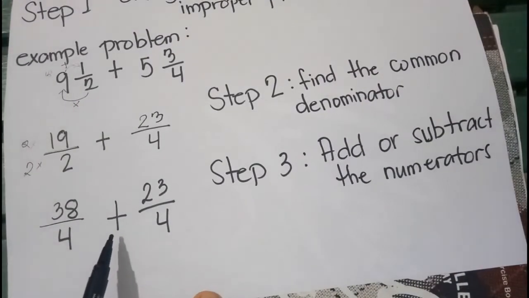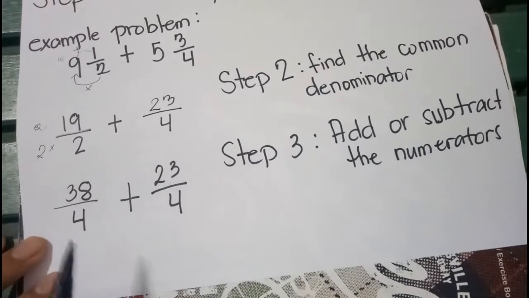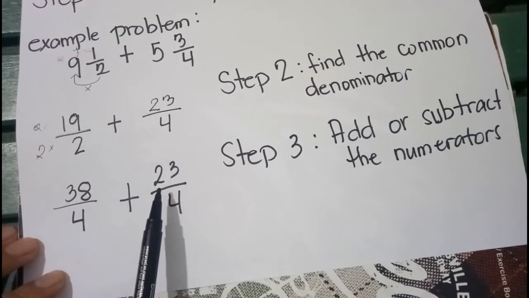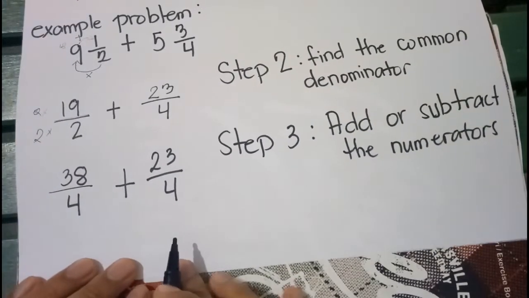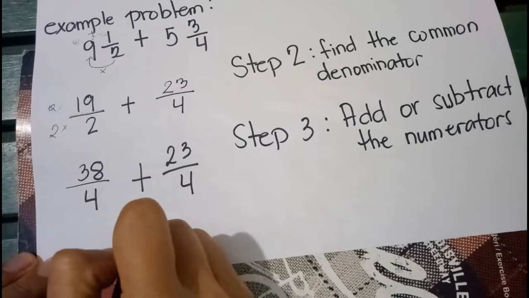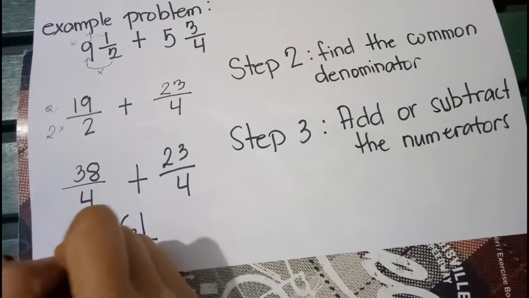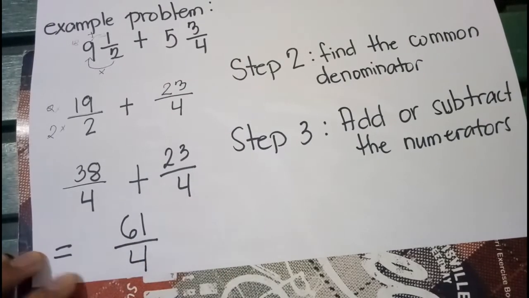Again, the sign here is plus, so we're going to add them. So 38 plus 23. The answer for that is 61. And of course, our denominator will still be the same. We just copy 4.